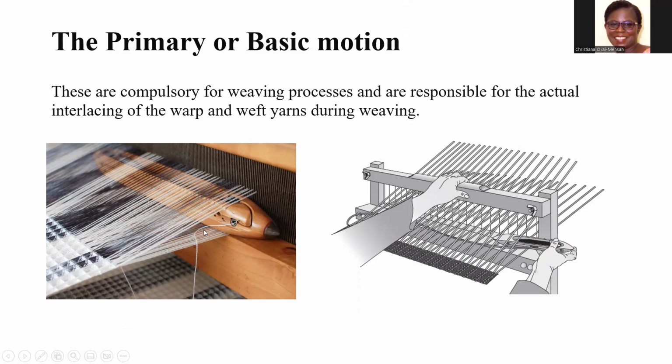So with the plain weave, you tie 1 and 3 to one treadle and 2 and 4 to another treadle, and 1 and 3 to one shaft, and 2 and 4 to another shaft.